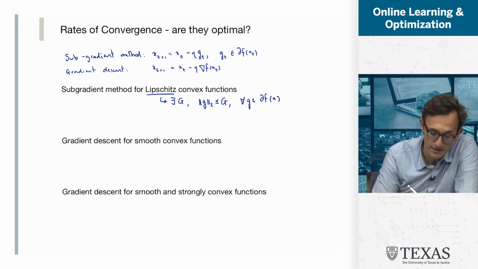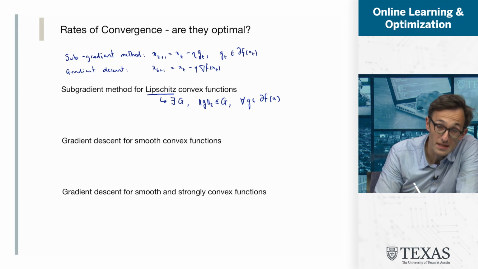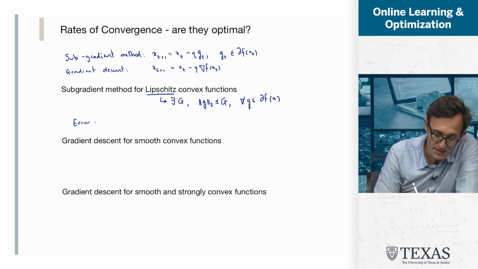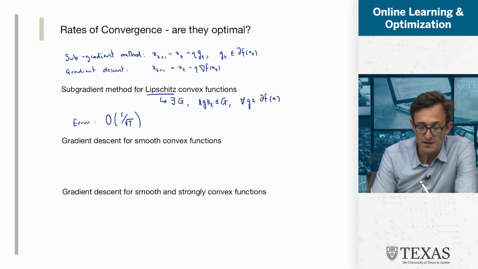So as long as our function f is convex and satisfies this property, then we saw that the subgradient method guarantees that after t iterations, our error, in other words our suboptimality, is bounded above by some function of 1 over square root of t, where t is the number of iterations.